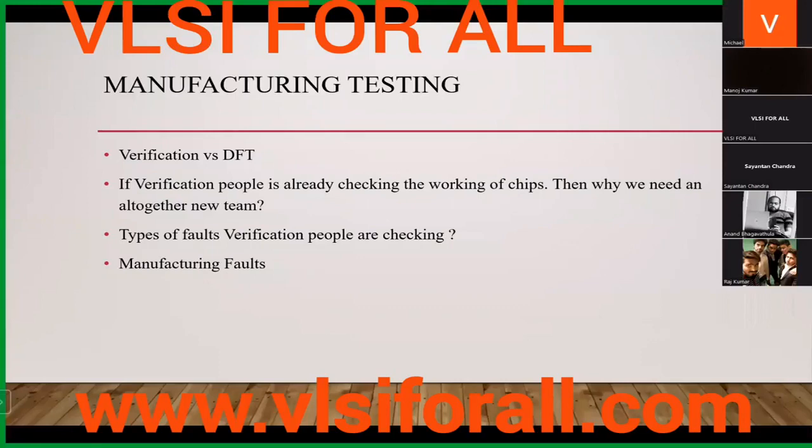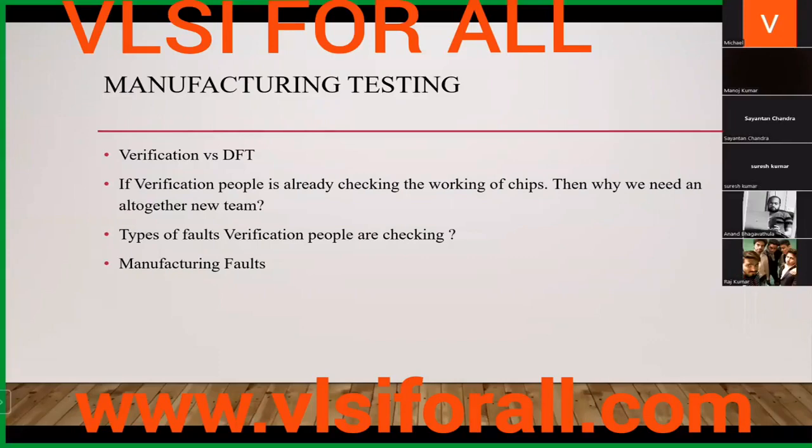So it can be stuck-at faults, transition faults, bridging faults. Okay. Yes. Anyone else? What is a manufacturing fault and why are we calling them manufacturing faults? Guys, don't be silent, yaar. Just let me know.